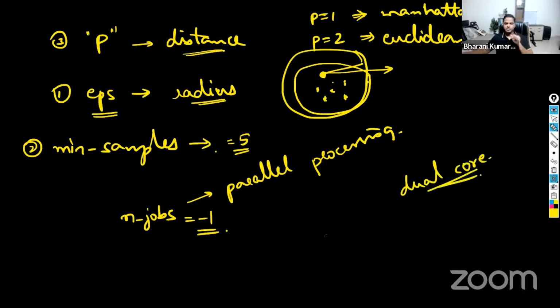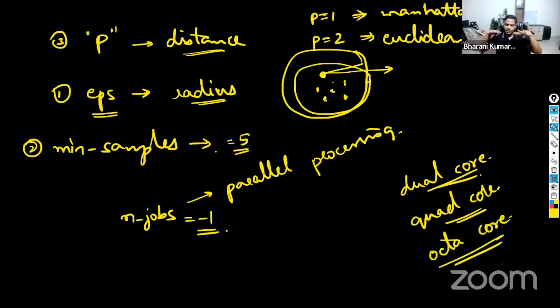Both the cores will be used in parallel. If you have a quad core, you'll have 4 different cores and all 4 cores would be used for parallel processing. If you have an octa core, that means you'll have 8 cores and all 8 cores would be used in parallel. When you say number of jobs equal to -1, this is yet another hyperparameter.